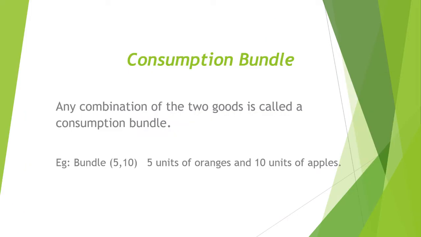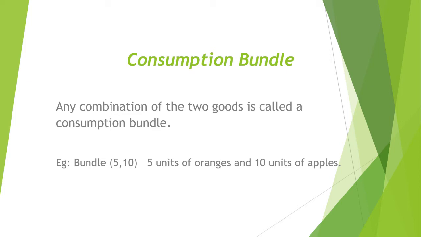First one, the consumption bundle. A consumer cannot buy everything he wants since wants are unlimited and means to satisfy them are limited. Consumers usually buy a combination of various goods to satisfy their wants.